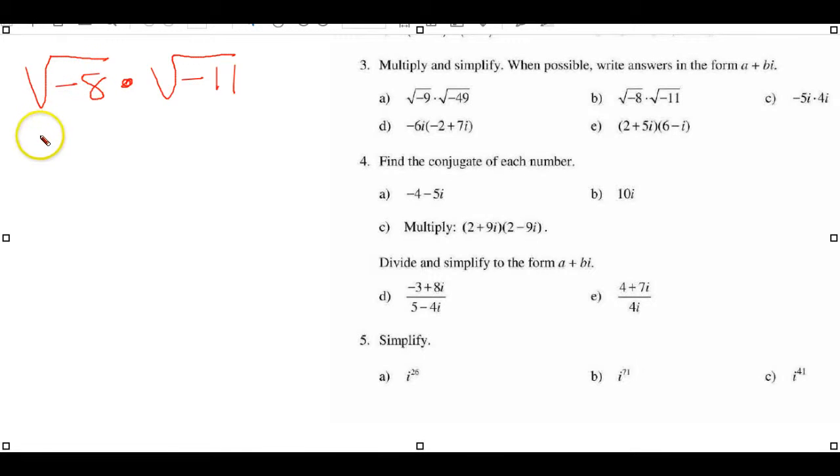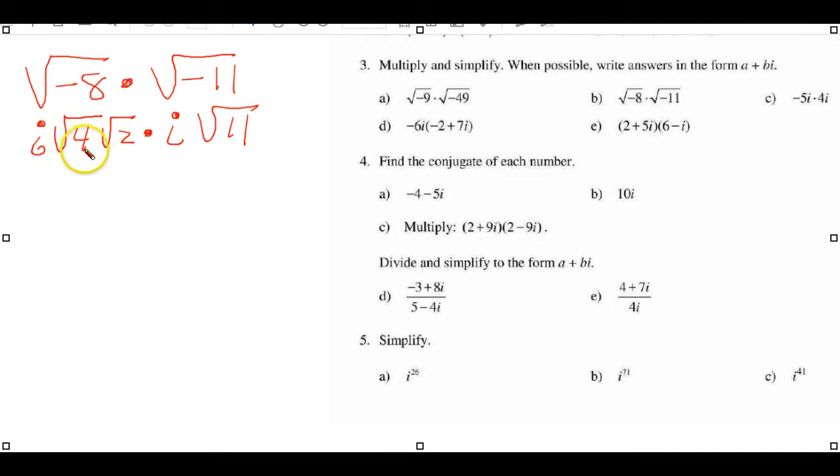So this is going to become i times the square root of, now notice 8 is the square root of 4 times the square root of 2 from a previous lesson, and this will become i times the square root of 11.